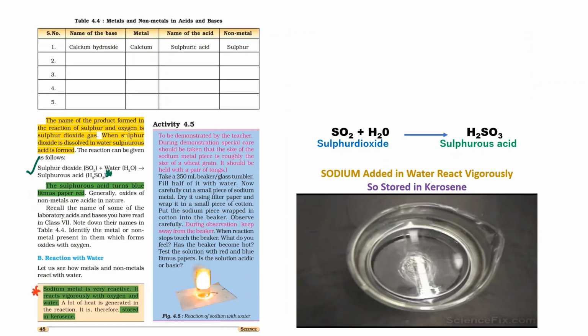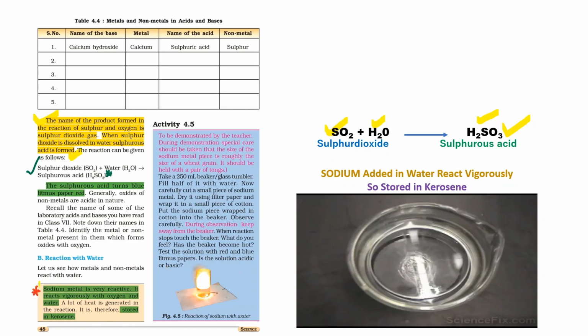Now coming to the experiment, the product formed in the reaction of sulfur and oxygen is sulfur dioxide gas, and when this sulfur dioxide gas dissolves in water, it forms sulfurous acid. So here this sulfur dioxide is an acidic gas. It dissolves in water, and sulfurous acid is formed, and this sulfurous acid turns blue litmus red. That means this is acidic in nature.